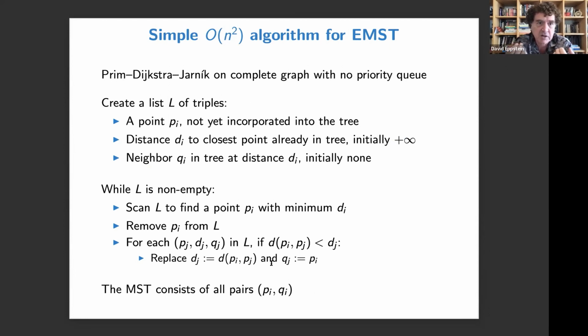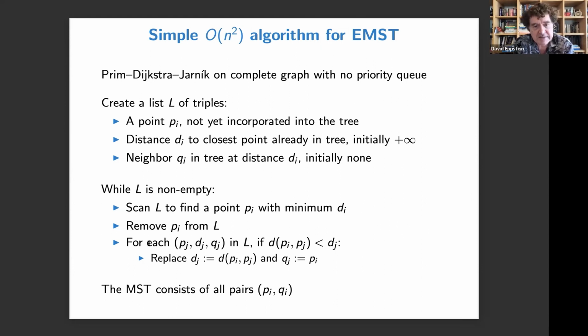Instead of using a priority queue to find each new addition to the minimum spanning tree, we just do a sequential search. So create triples of points, and the best connection we found for each point outside the tree to something that is in the tree, initially infinity, that's the priority in the priority queue. And then repeatedly pull out the minimum priority point by doing a scan of this entire list rather than doing any data structures.